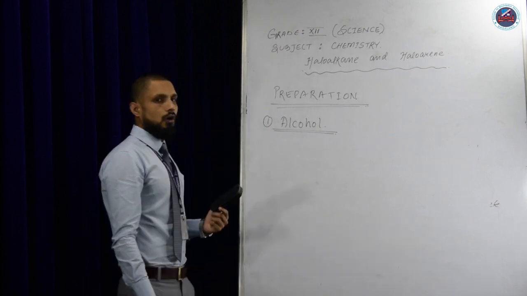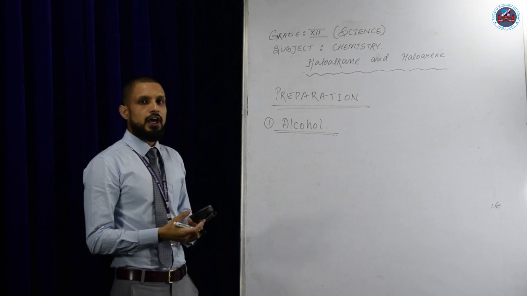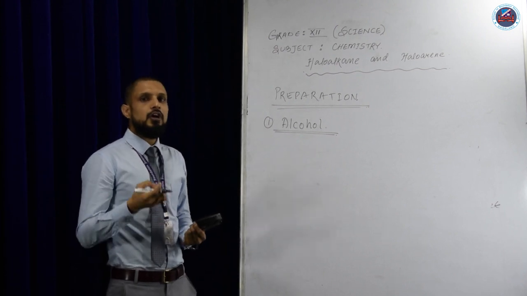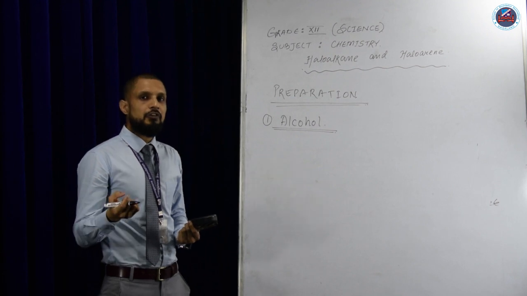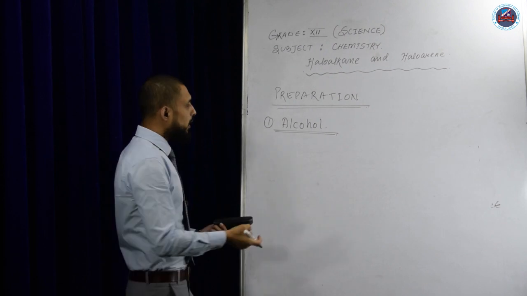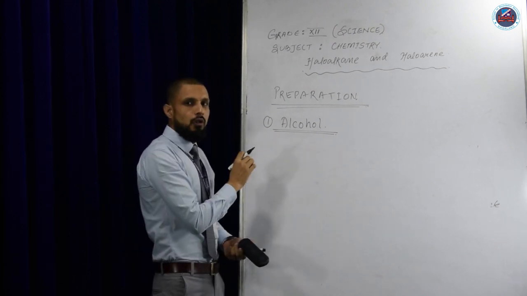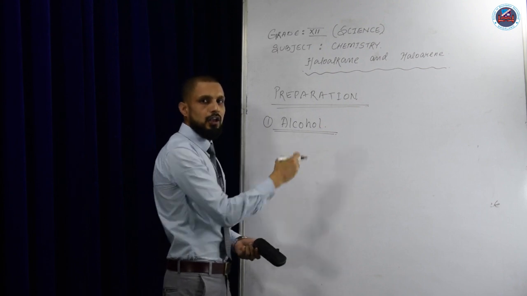From alcohol, there are different types of reagent which are used, like PCl5, halogen acid HX, PCl3, PBr5, PBr3, then SOCl2. So we'll take examples of all the reagents and see how we can convert alcohol to haloalkane.